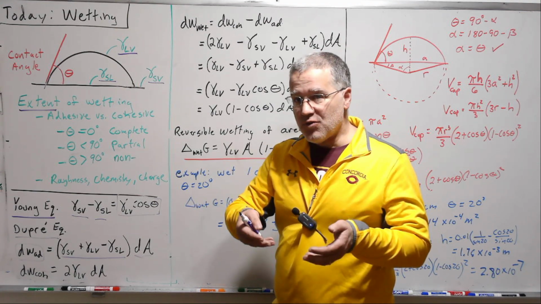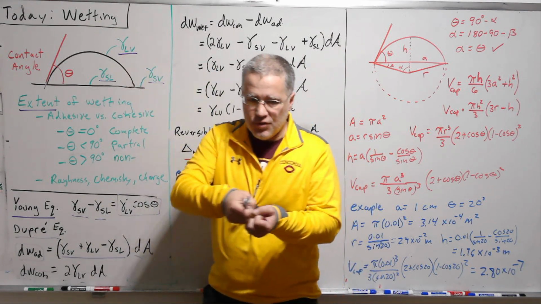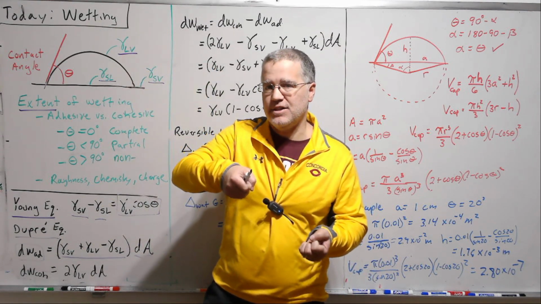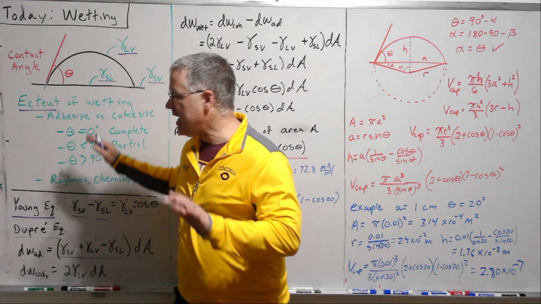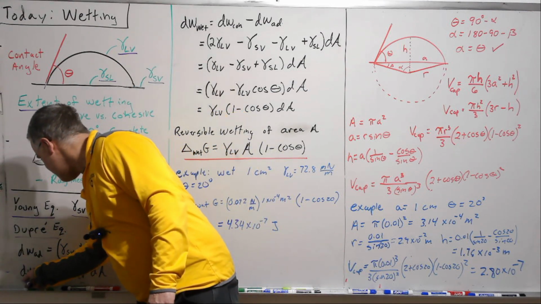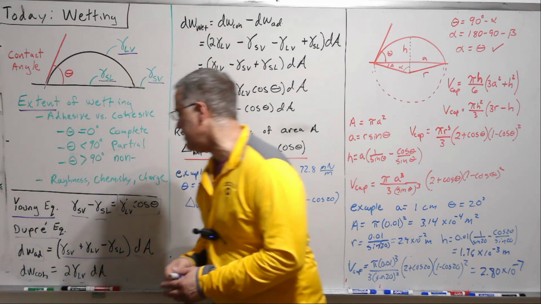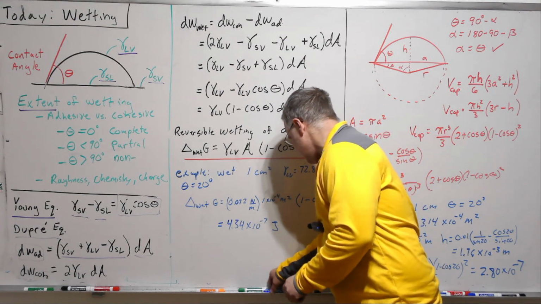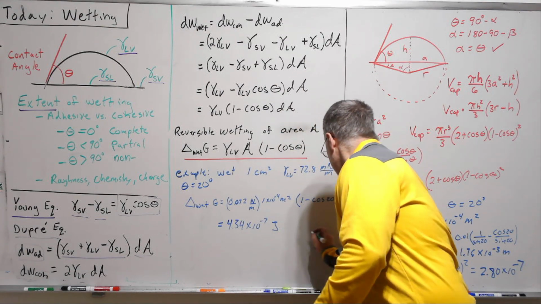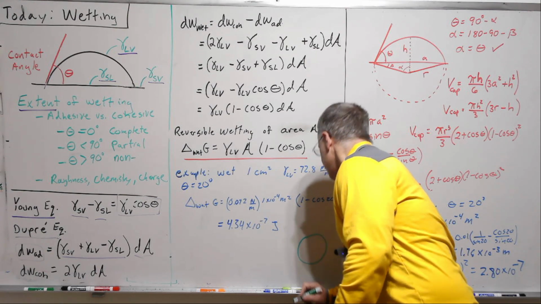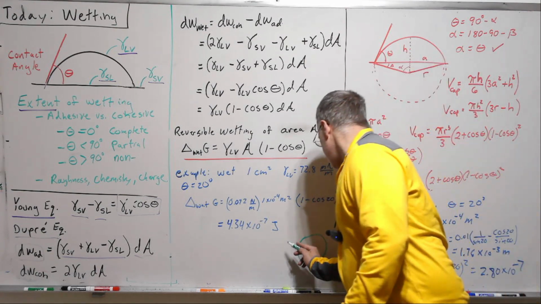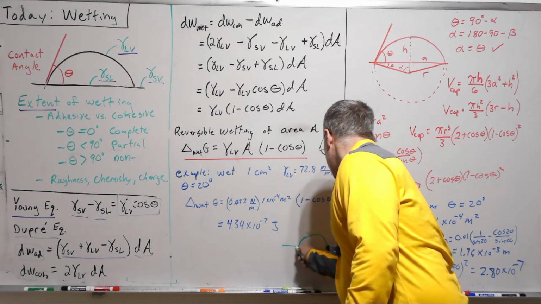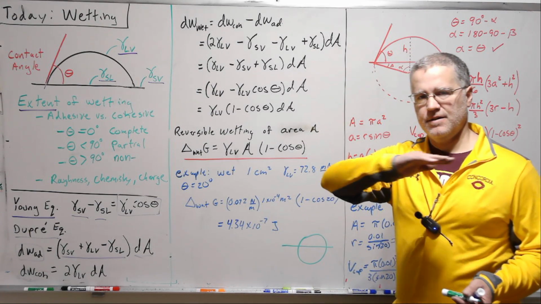Now, there's other work that's happening. That's the work done to break the cohesive forces. So we're not wetting yet. We just have the adhesive part. Now we have to talk about the cohesive part. And what's done here is we imagine we're taking this sphere or this droplet, and then we're just going to cut a plane, right?